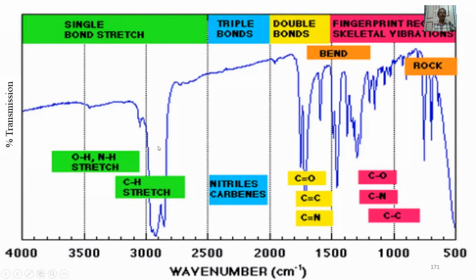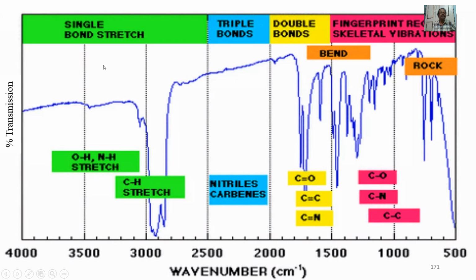And this is a detailed IR spectrum, as we discussed earlier. Around 3500, we have two very important structures, O-H and N-H.